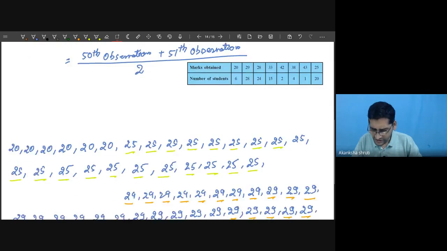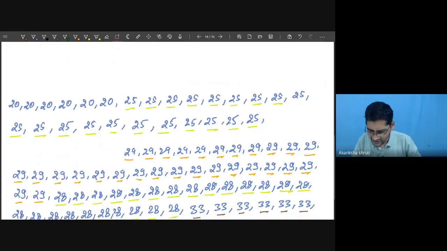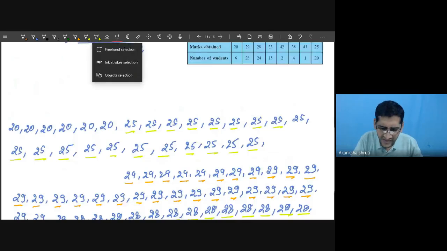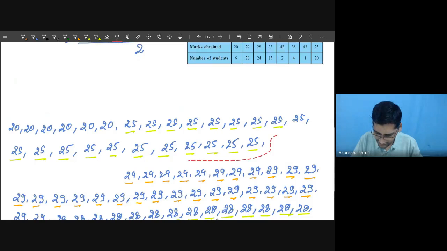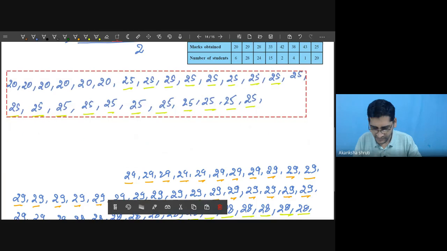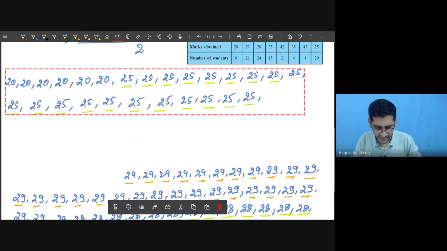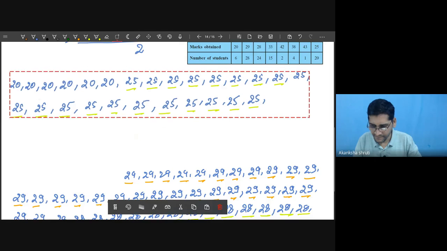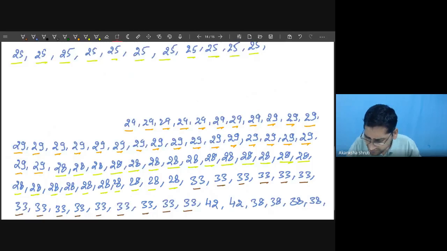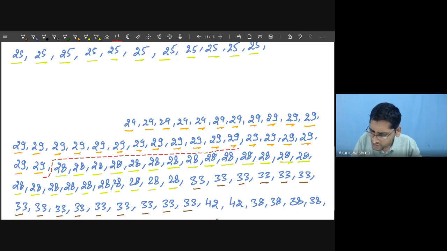Now 20, 25, then there is 28. So we shall keep the 28 first. So let me keep the 28 here. How many are the 28? So we need to first write the 28. Student, be careful. We are going to choose the 28 in this.